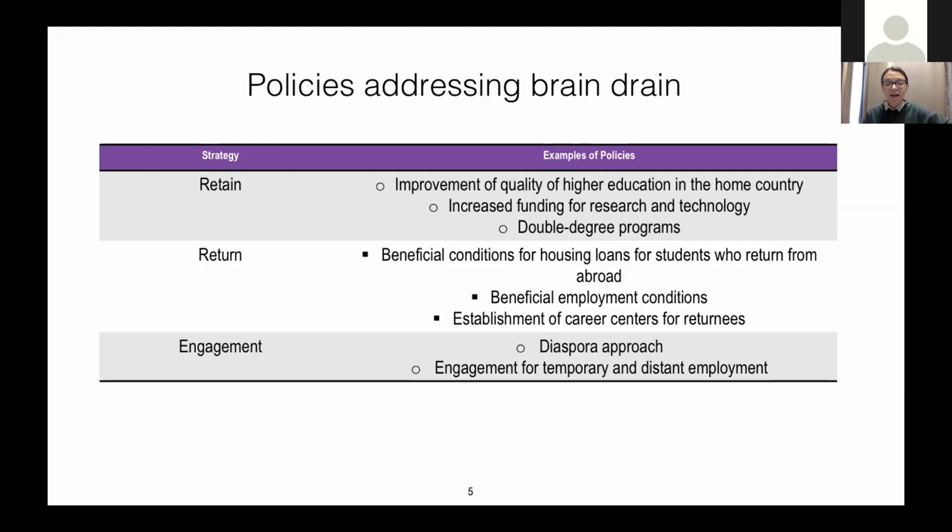Retain policies: it is sometimes argued that improvement of the quality of higher education in the country actually slows down internationalization, as students have no rationale to go and study abroad.